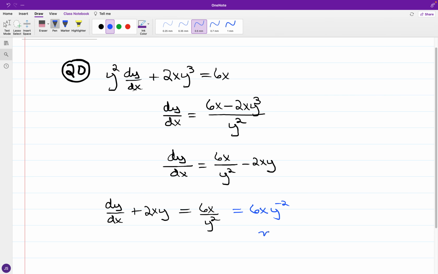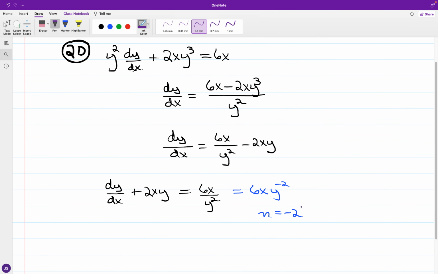So your n value is equal to negative 2. To restate, we have a Bernoulli equation that is nonlinear.